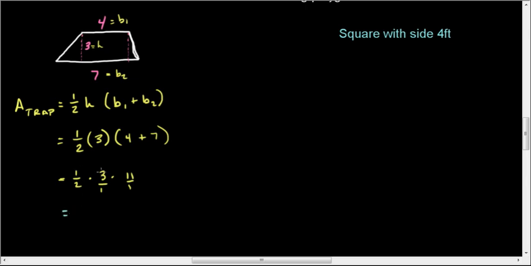So I get 1 times 3 is 3, times 11 is 33. 2 times 1 is 2, times 1 is 2, and so it's 33 halves. Or, if you're really liking mixed numbers, this is 16 and 1/2, or 16.5.